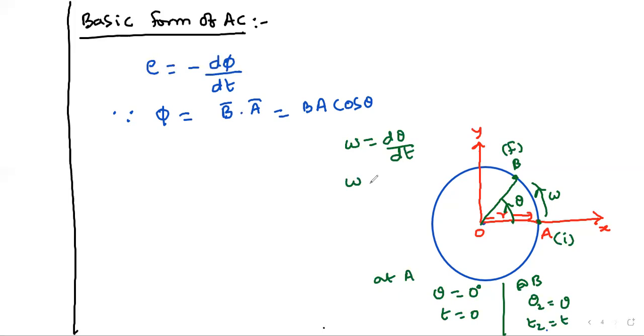That is, omega equals final angular displacement minus initial angular displacement by final time minus initial time. So omega equals theta by t.